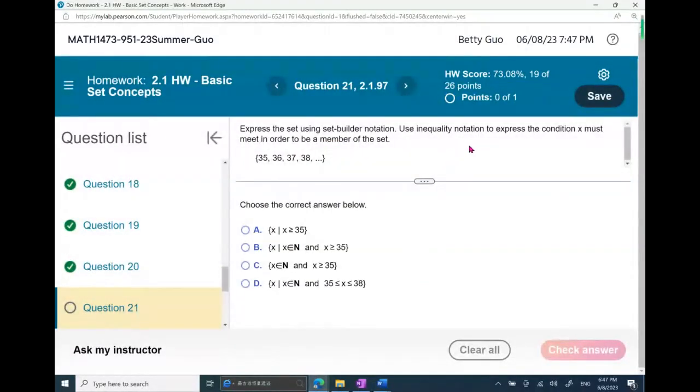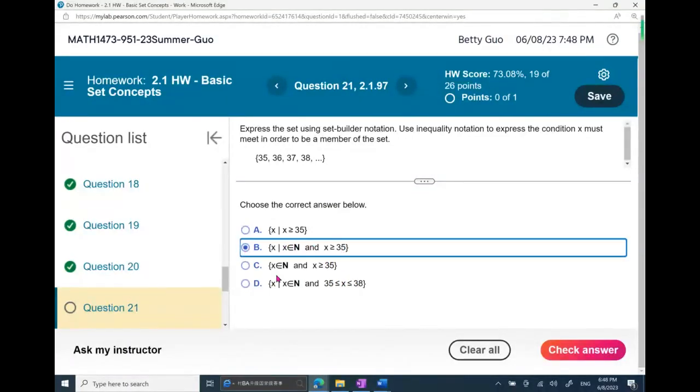Use set notation. Okay, so the set is given in roster format: 35, 36, 37, 38, and so on and so on, to infinity. Which one is equal to that? Use the set builder notation. Maybe D? I'm guessing.